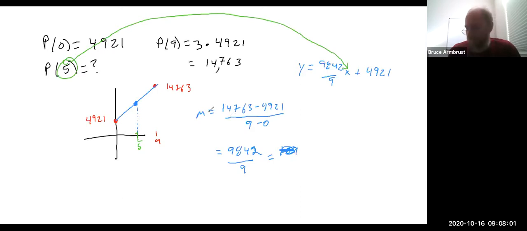All right, so again, that's the best we can do right now. We'd absolutely love to be able to get a better estimate for this, but right now, that's all I know. And the problem is, if all I know is that this population triples in 9 years, I don't know how these 2 points are connected.